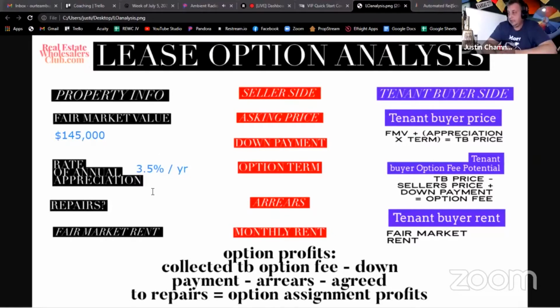This house needs no repairs, and the fair market rent for this particular property is $1,150 per month. Is everybody on board with me so far?